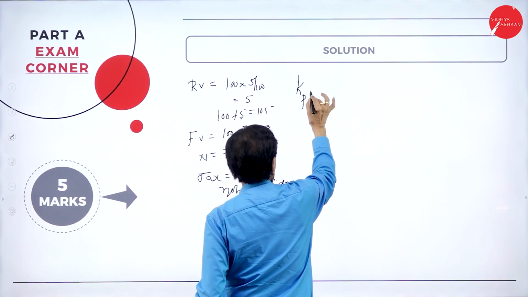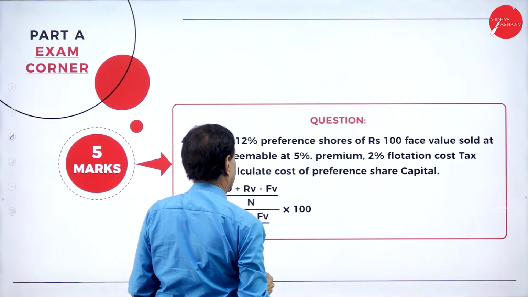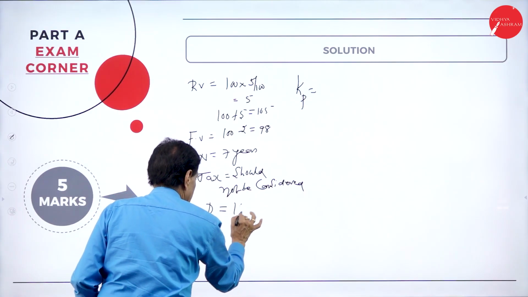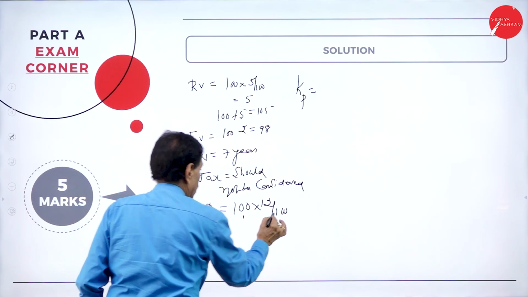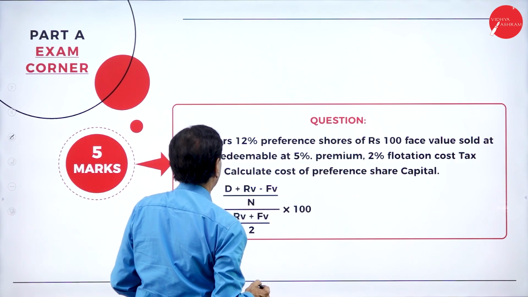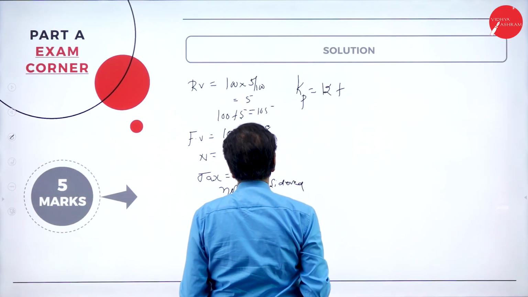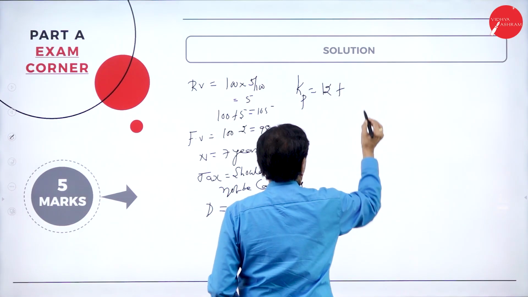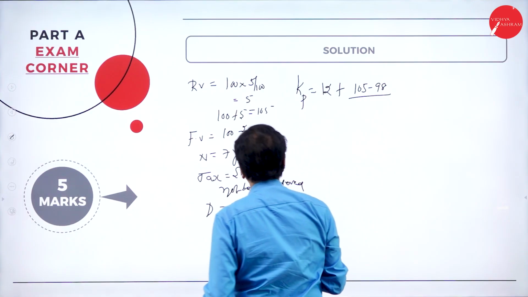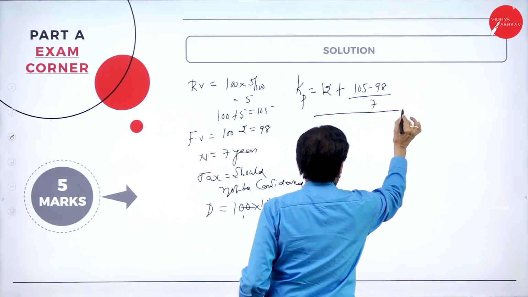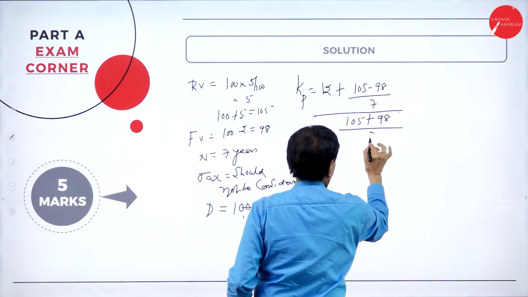KP is equal to... what's your dividend? 12% of rupees 100. D is 100 into 12 by 100, 12 rupees. D is 12 plus (redeemable value 105 minus face value 98, number of years 7), whole divided by (105 plus 98) divided by 2, into 100.